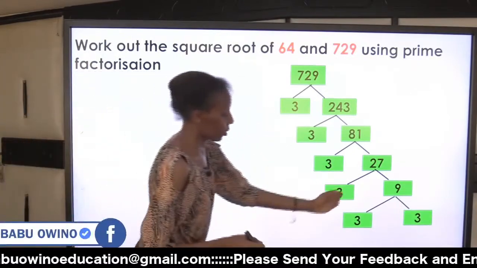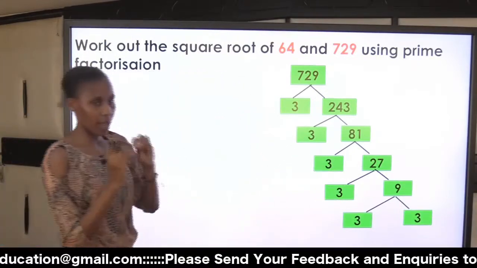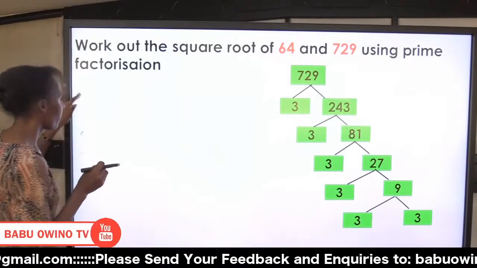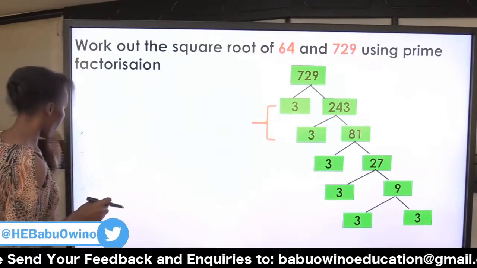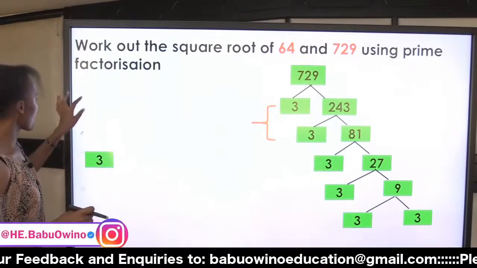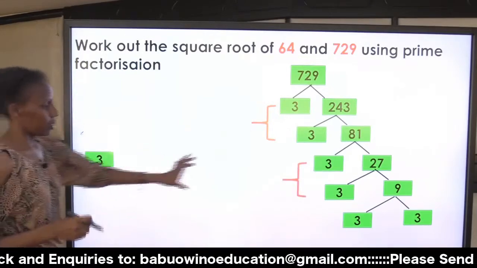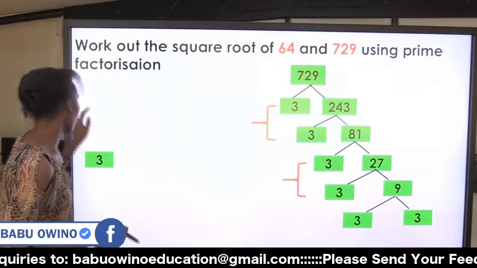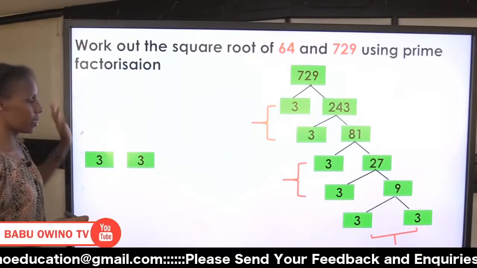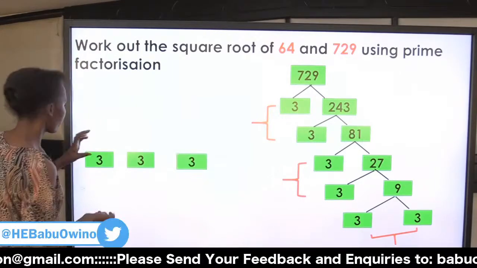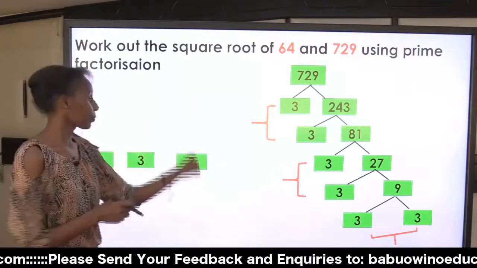After we have factorized, now we need to pick our prime numbers and pair them. So I have paired that pair, and from that pair, I pick 1. The next pair, again I pick 1. And in the last pair, I pick 1. So I have 3 and 3 and 3.